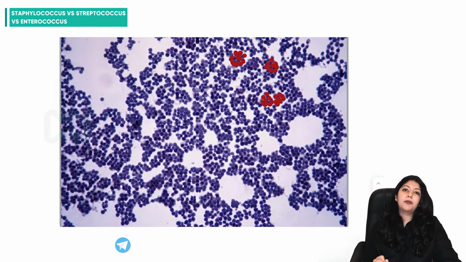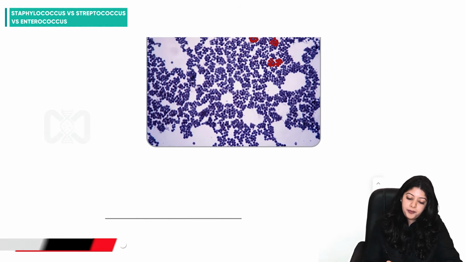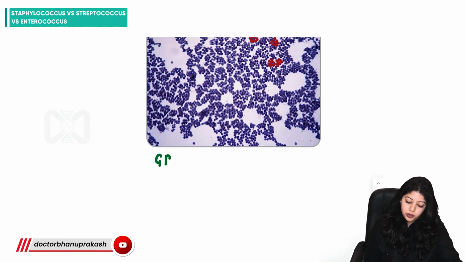So are we able to appreciate that? These are gram-positive cocci arranged in grape-like clusters.